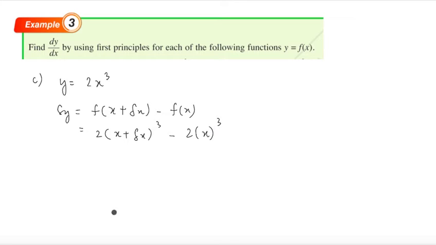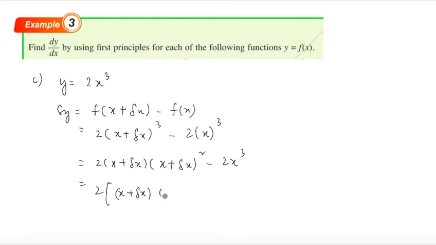Okay, now this one power 3, how to expand? Power 3, you can expand like power 1 and power 2. This one quite long. Okay, this one 2x cubed. We'll expand inside first, or we expand later. Expand later, the 2 here. Okay, now I copy down this one first.